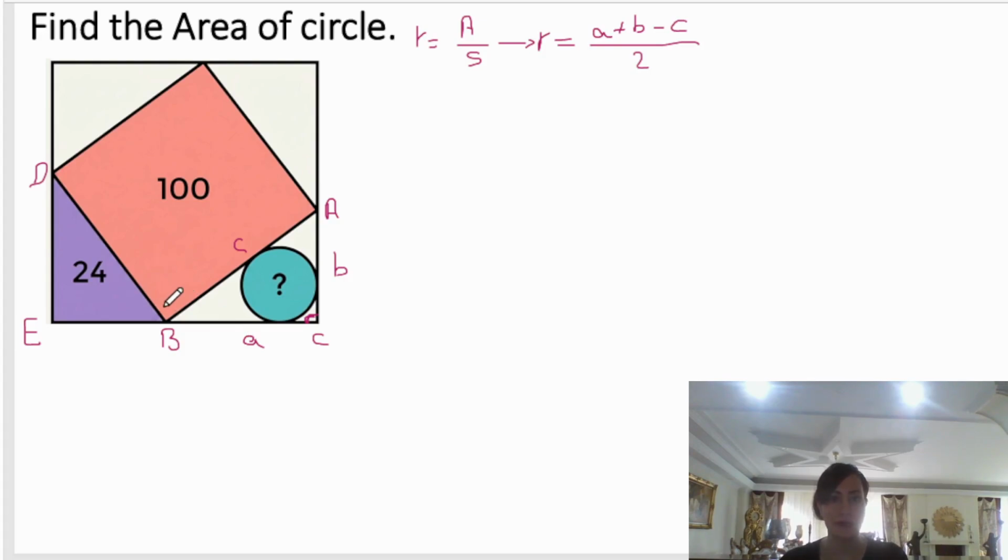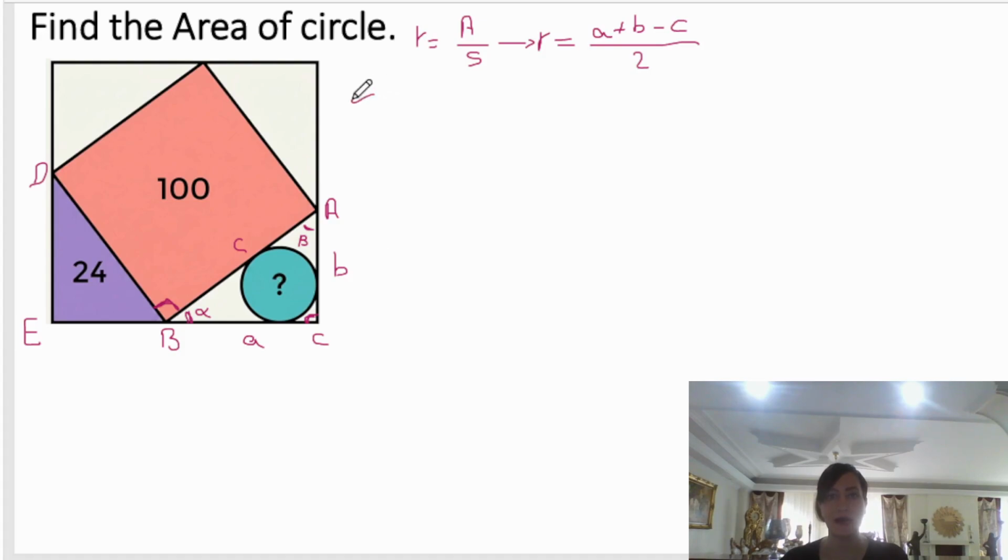We know the corner of any square is 90 degrees. If I label this angle alpha and this angle beta, and we see C is 90 because it's a corner of this outer square. So I say the interior angles of any triangle add up to 180.